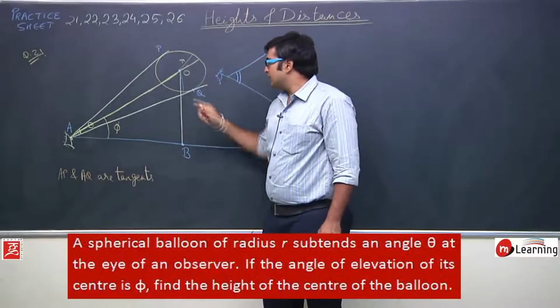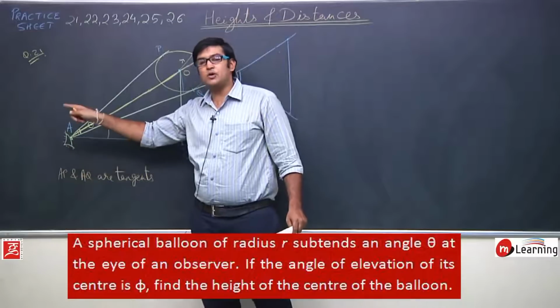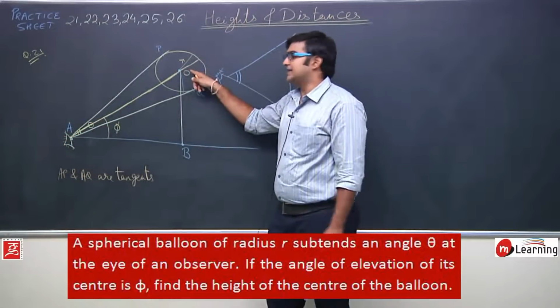Now this AO line is the line joining the point of observation and the center of the balloon.